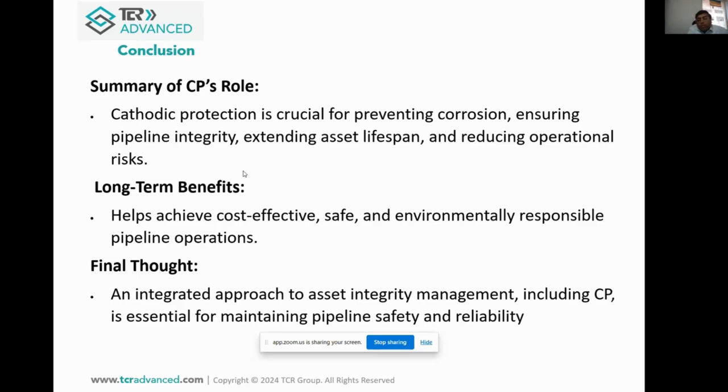An integrated approach to asset integrity management, including CP, is essential for maintaining pipeline safety and reliability. At TCR, we have developed a very good software called Asset Integrity Optimization Management Software, which can help you with all four data sets of asset integrity.